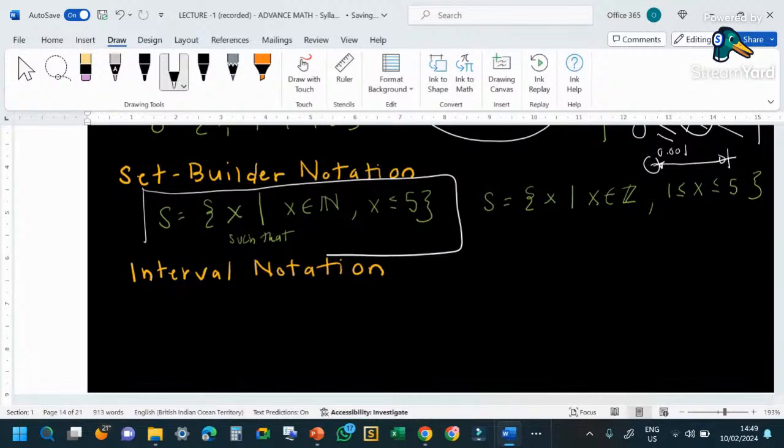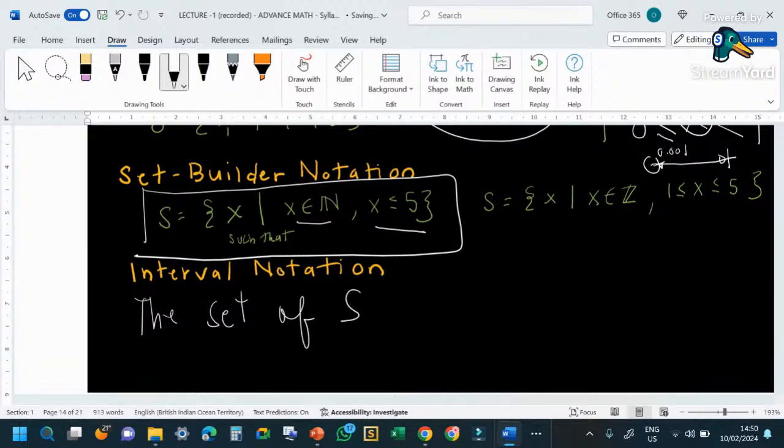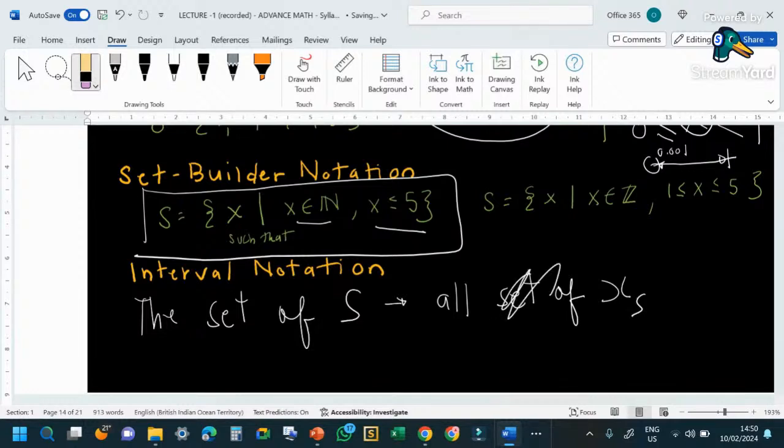Like S is equal to curly bracket, X, and a bar sign, and the conditions you want to build your set. And this is read as the set of S. This is all X's, the set of S, that is all set of X's, or you can remove the set here.